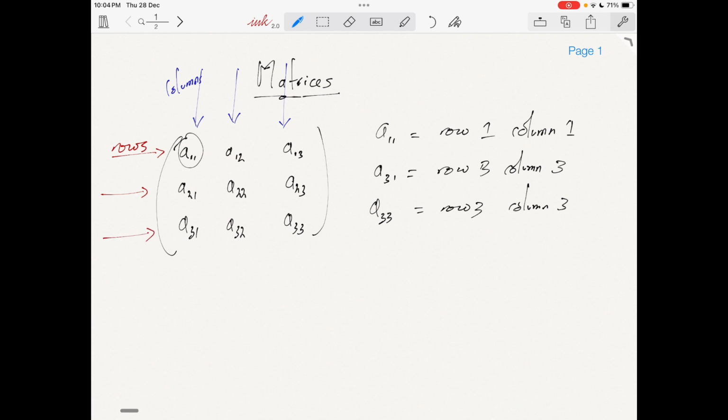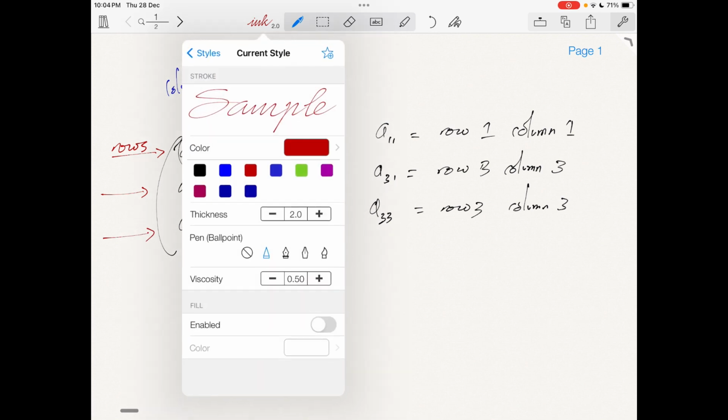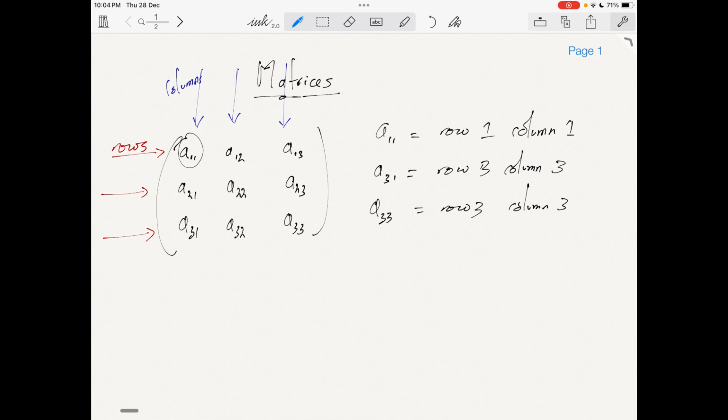So our understanding of where the rows are located and where the columns are located is very much important. A matrix can be denoted by a single general element embraced in brackets. Since a matrix is simply an array of numbers, there is no arithmetic connection between the elements.